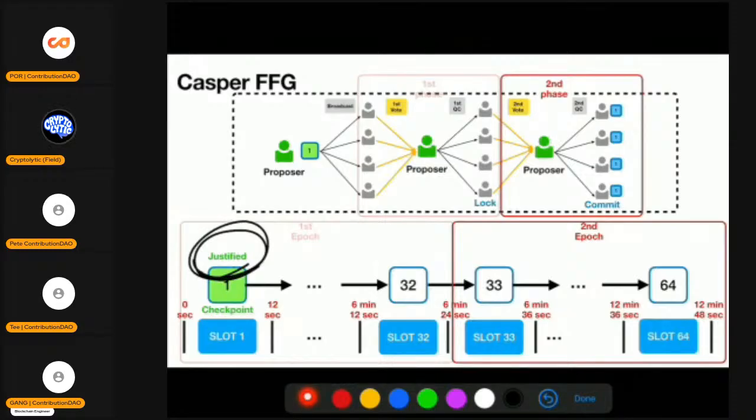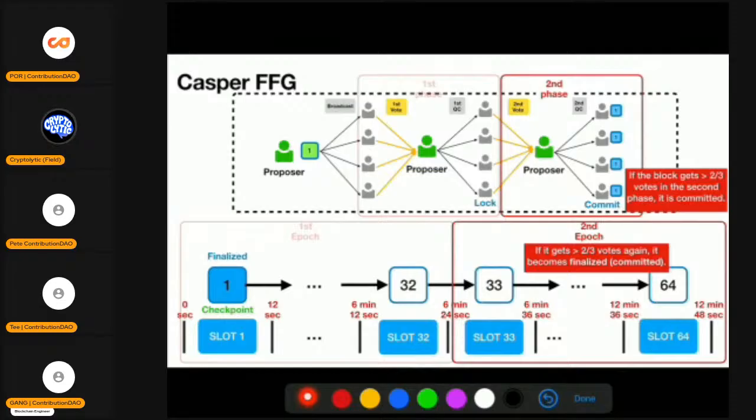After that, when you add the second epoch and it receives more than 2/3 vote again, you can change its status to finalized.